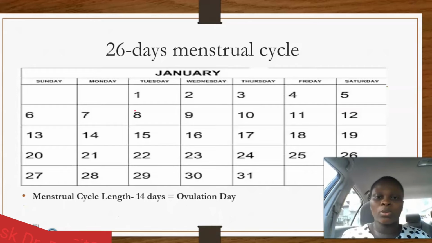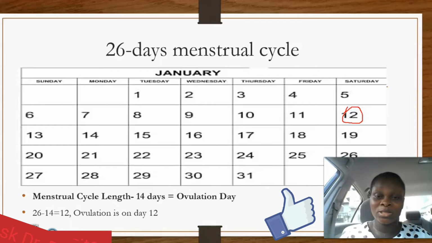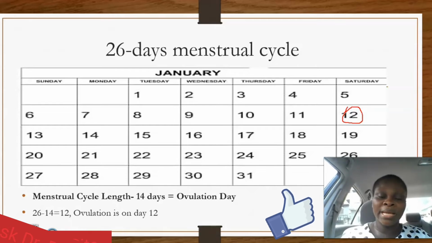You have your menstrual cycle length minus 14 days to give you ovulation day, which is 26 minus 14 gives you day 12. So if your menstrual cycle length is 26 days, your ovulation is on day 12. Simple, right? Yes. So apply that formula and you will get your ovulation day.